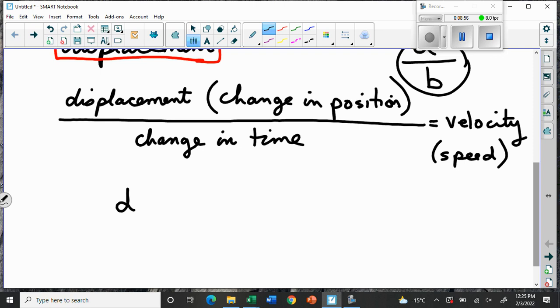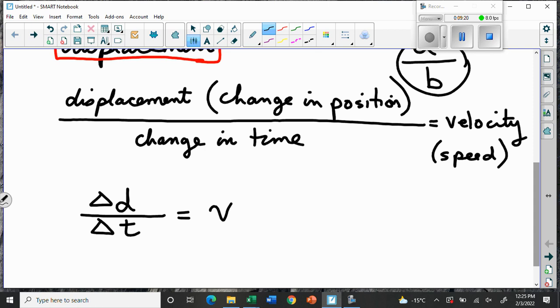And the change in time, well, what we can do, of course, is use the little change symbol. This little delta symbol means the change, right? And you learned about this little symbol in your grade 9 and 10 math classes. It's the change in the displacement or position compared to the change in the time, and that would equal the velocity. We have what we call a little formula here.